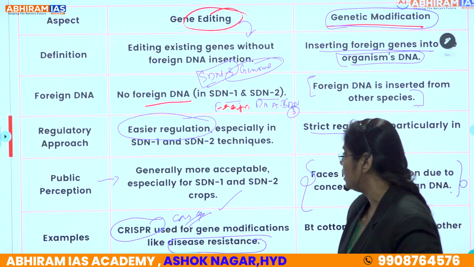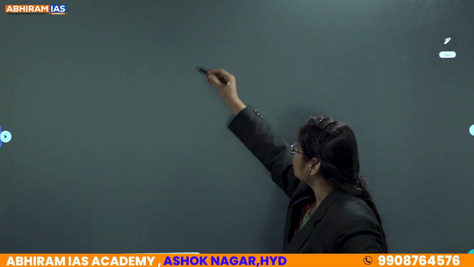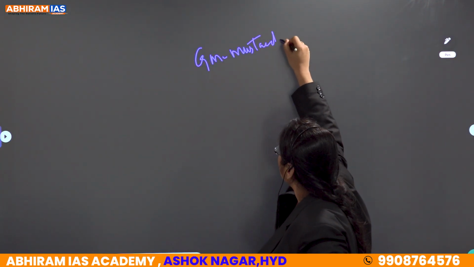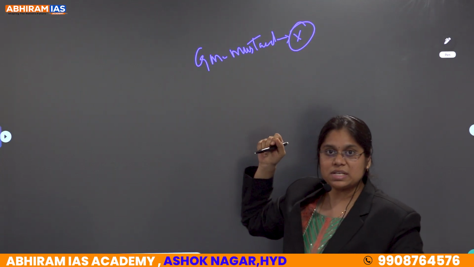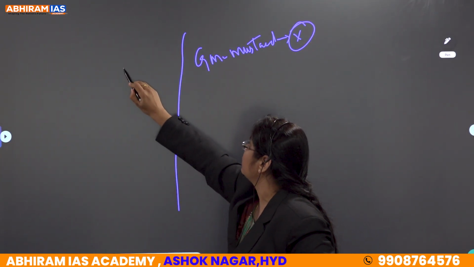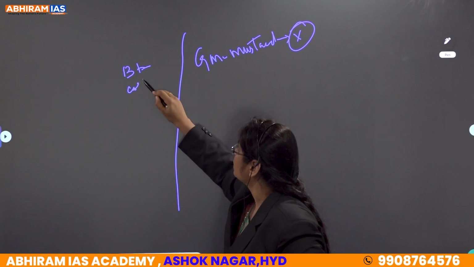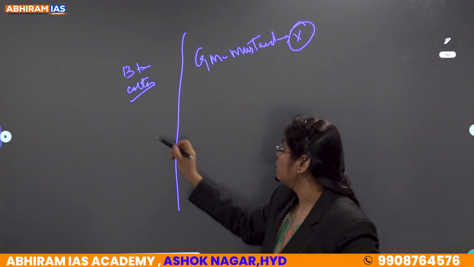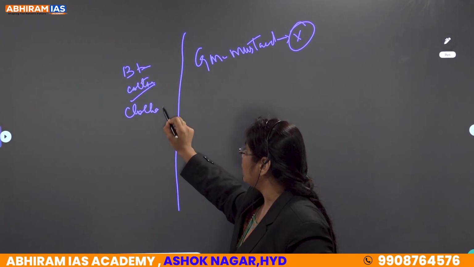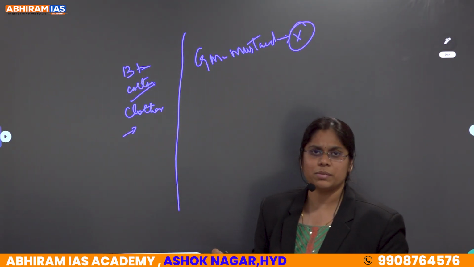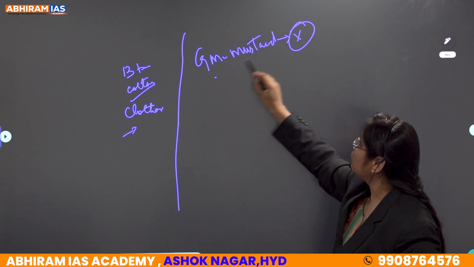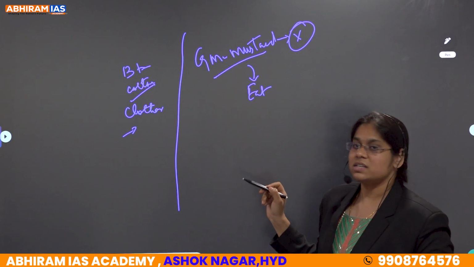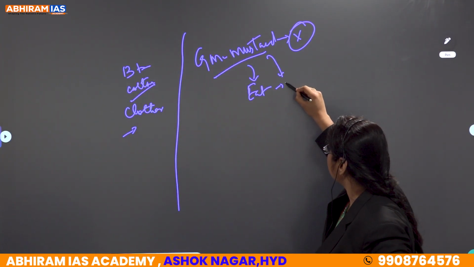For example, if you see GM mustard, approval is not there for GM mustard, but approval is given only for BT cotton. Why? Because BT cotton we use for making clothes or other fabric-related products, or in medical fields. But a GM crop, we need to eat directly. So the public concern here is, maybe you will get the same mutations in our body also.